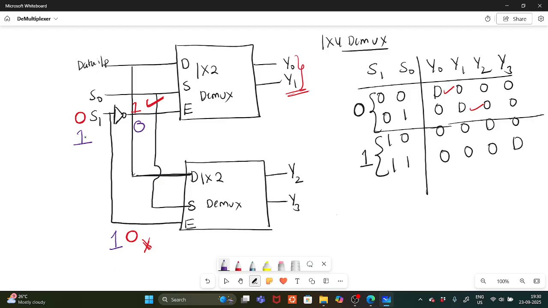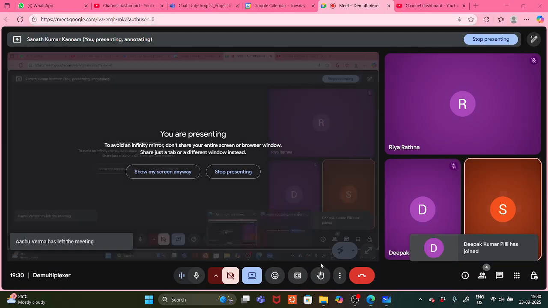Now when S1 equals 1, this demux will be activated and this demux will be deactivated. Why? Because it is given to the enable pin. So that means this is activated, and what outputs are you getting? Y2 and Y3 you are getting. So that means when S1 equals 1, you are getting Y2 and Y3.